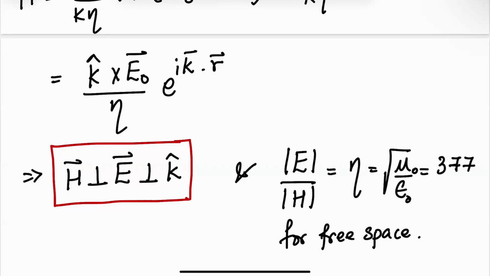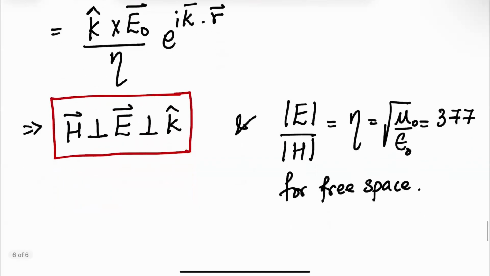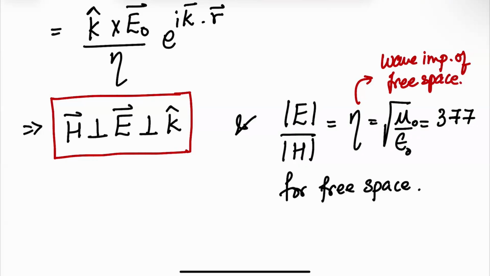That's why this eta is known as the free space wave impedance, the impedance of free space. Essentially we're saying that in a plane wave, the ratio of the magnitude of electric field and magnetic field is always constant. And that constant is 377, which we call an impedance because it is in fact the ratio of an electric field and a magnetic field, similar to the ratio of V over I. That's called free space impedance.